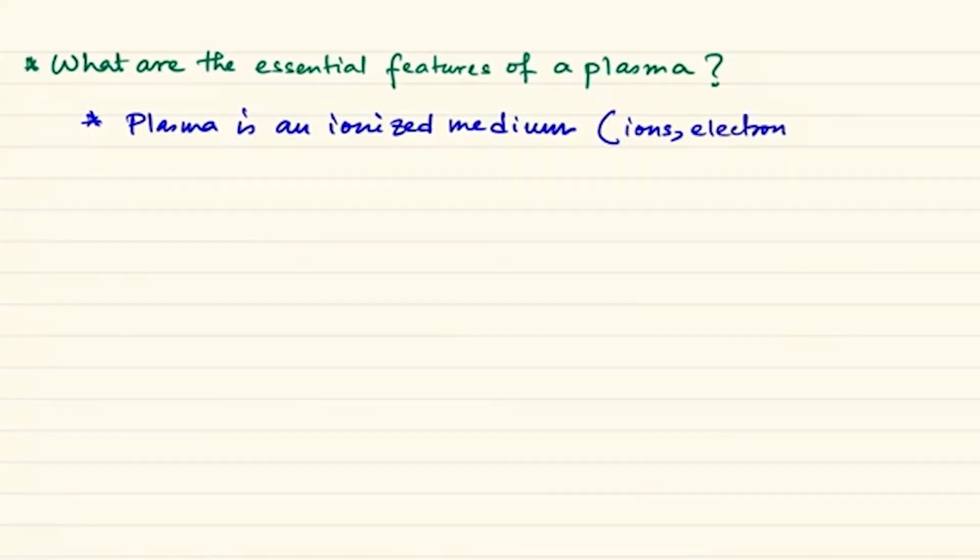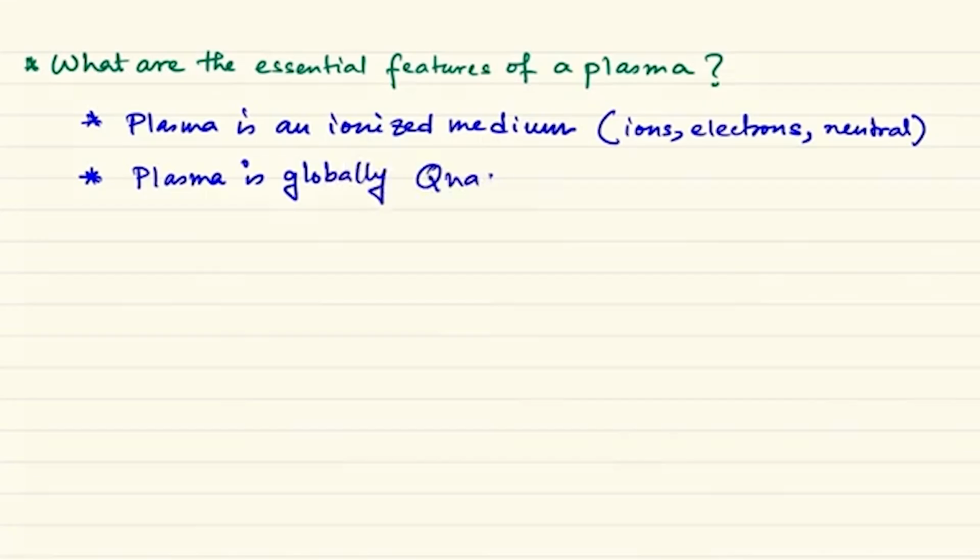Ions means, in a very complicated case, it can also contain negative ions as well, and neutrals. Now the second thing is that plasma is globally quasi-neutral.